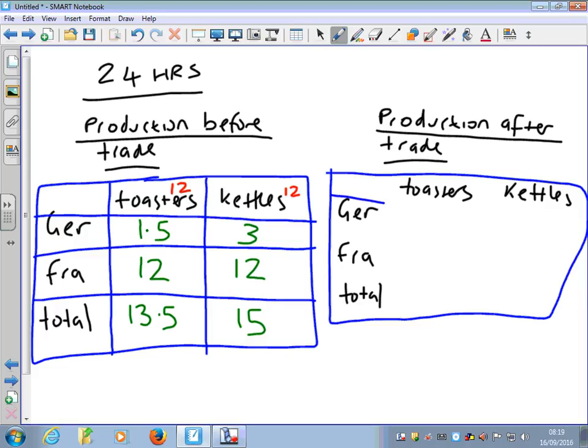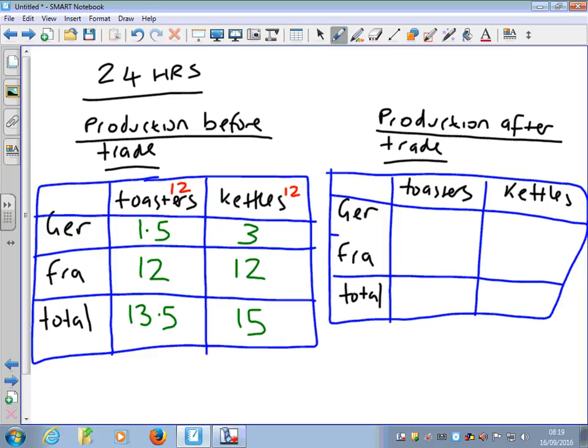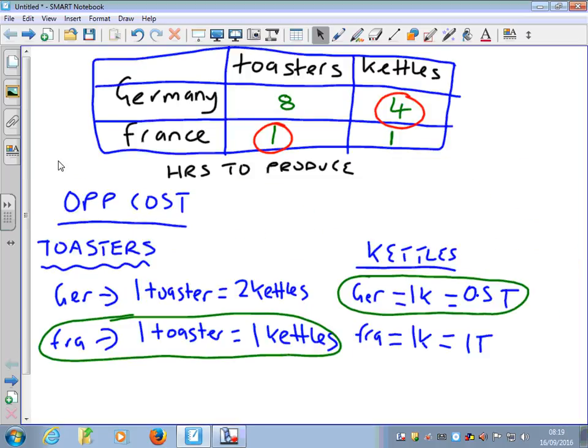Right, what we're now going to assume then is that both countries will focus, mainly anyway, on the production of the good or service that they can produce at the lowest relative opportunity cost. Now before, on the last page, let's go back a second, we said the Germans have got the comparative advantage at kettle production.